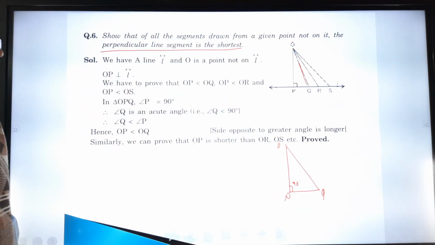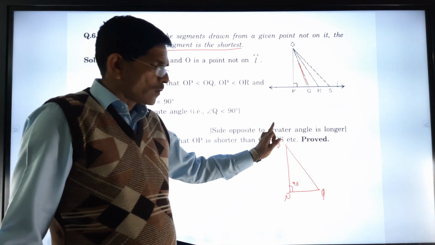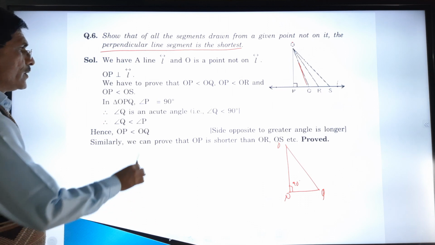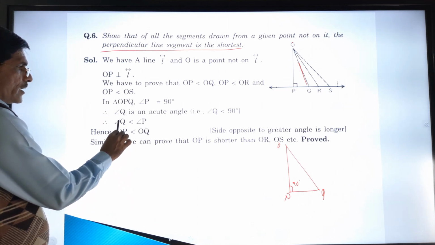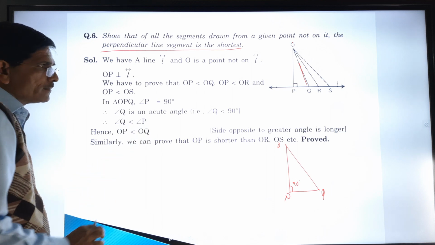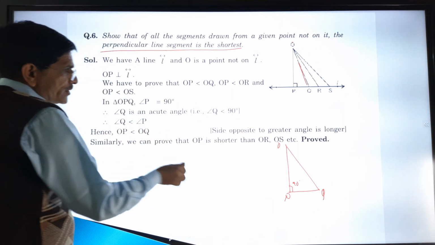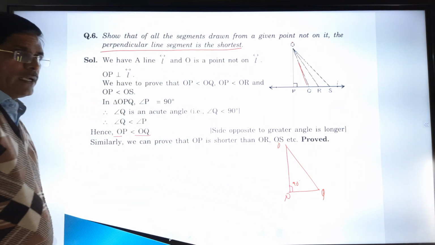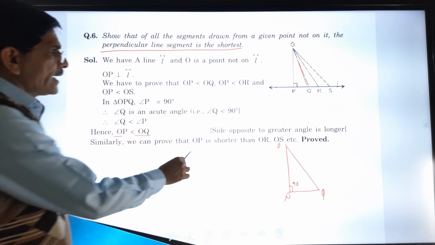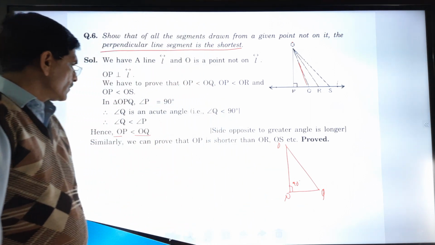We know that the side opposite the smallest angle is also the smallest. Q is less than 90, so Q is less than P. Now opposite Q is OP, so OP is less than OQ. The side opposite to the greater angle is longer.